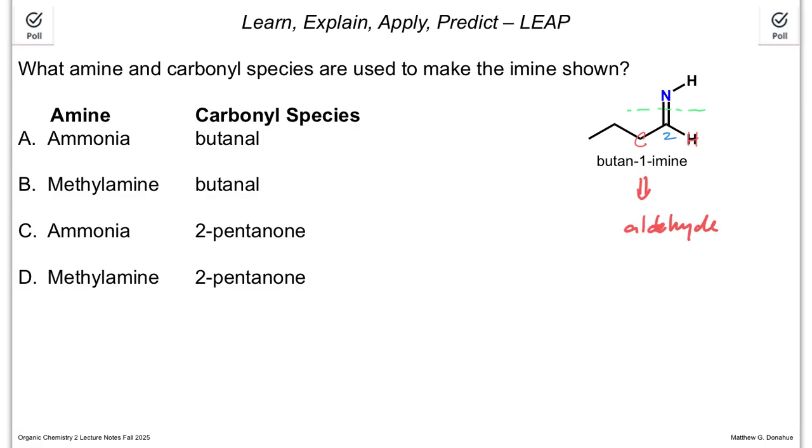So that would eliminate C and D. And then when we look at what's up here, the substituent remaining on nitrogen is hydrogen. So that means we have to start with ammonia. So that's going to eliminate B. So ammonia plus butanal is going to give you that imine.